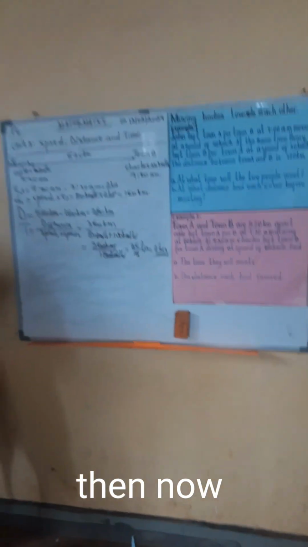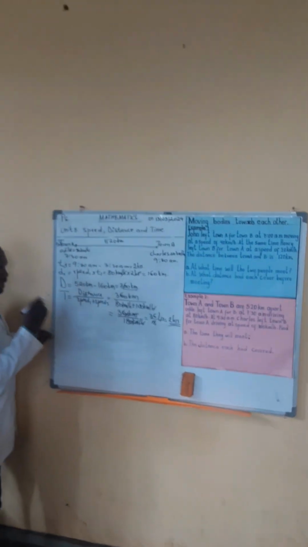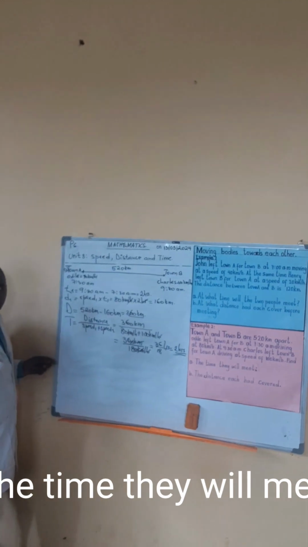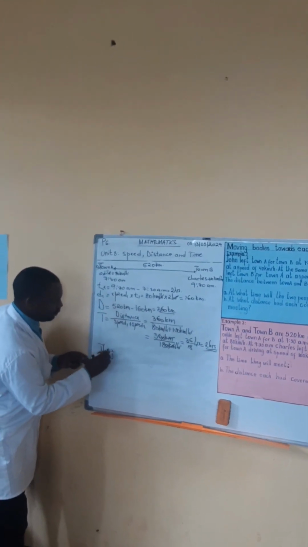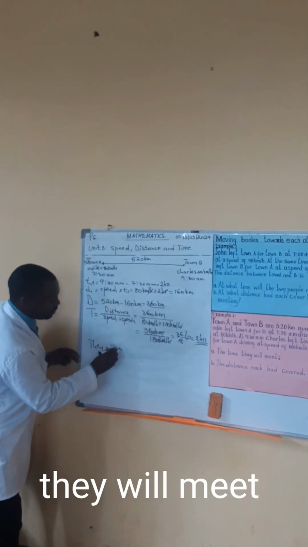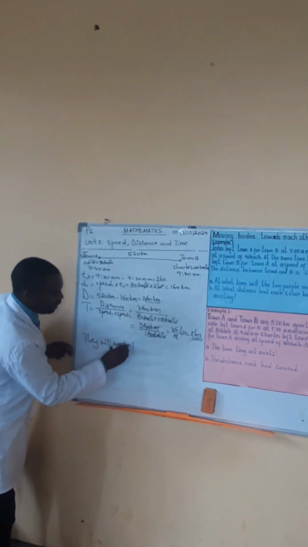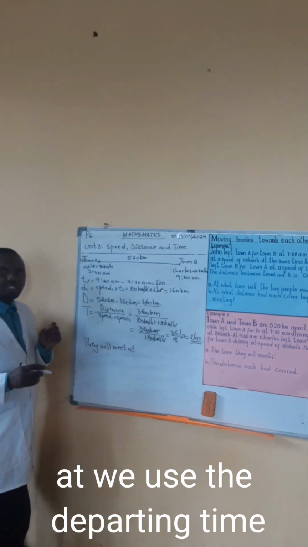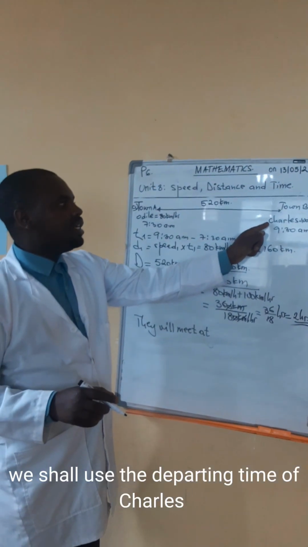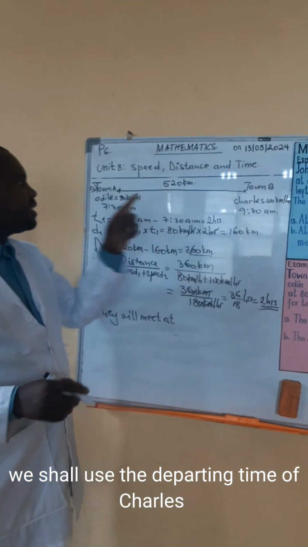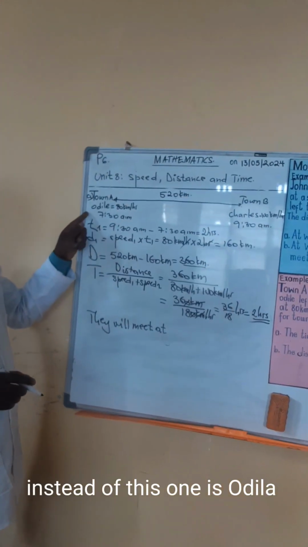Then now the time they will meet. The time they will meet, we use the departing time of the second one. We shall use the departing time of Charles instead of this one of Odile.